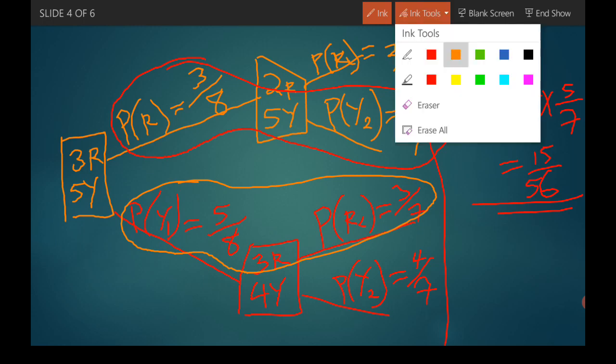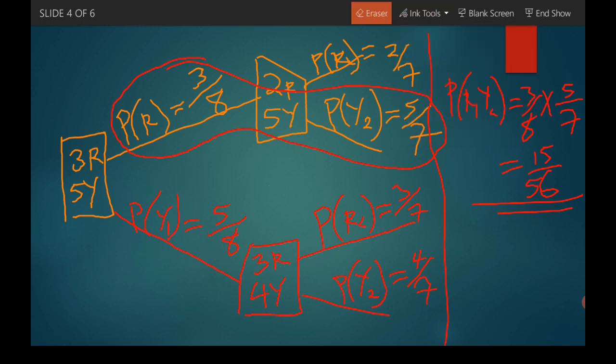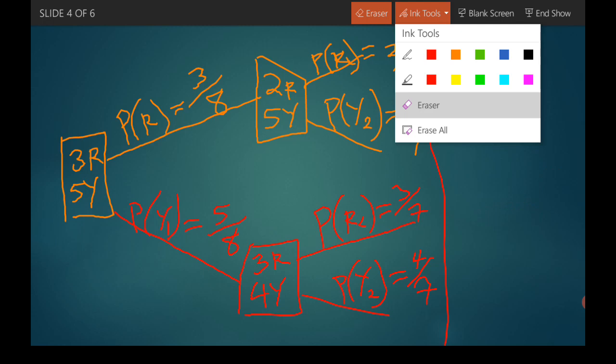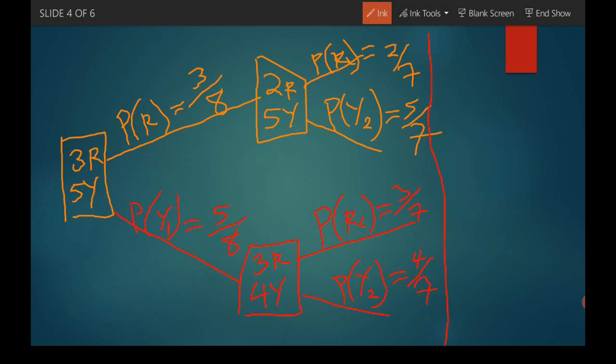Then the last question is saying find the probability of picking one red and one yellow. For this case, they have not specified the order. They have not told us that the first one is red or the second one is yellow. So for this case, we have a choice.